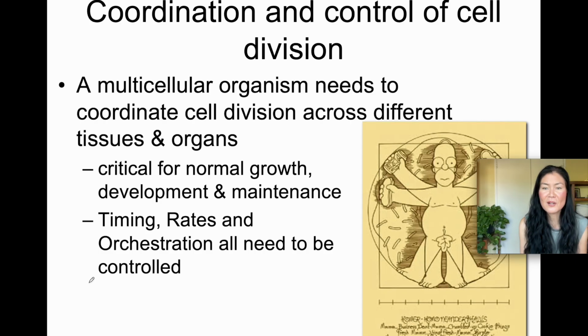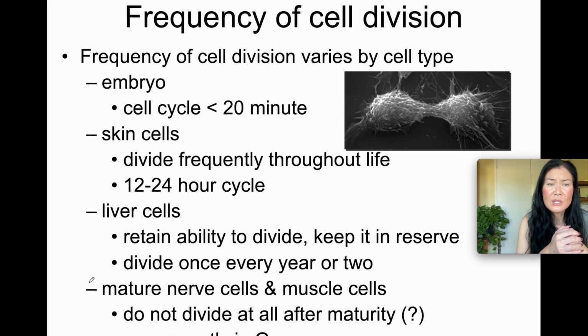Okay, next we're going to talk about the cell cycle control because when you are developing as an individual, as a living organism, you really need to control which cells are dividing, when they're dividing, how they're dividing. So it's very important for us to regulate when and where cells are dividing.